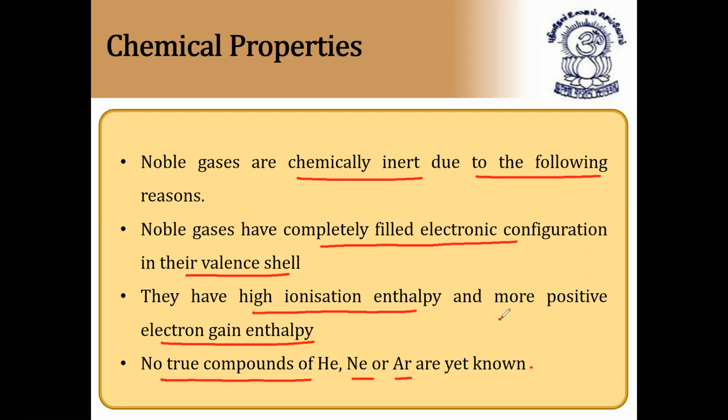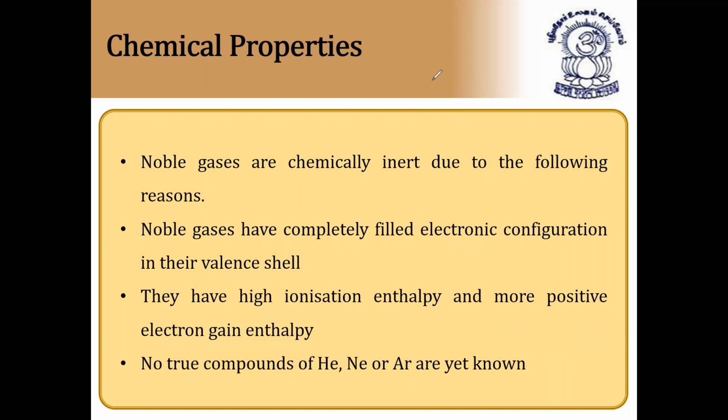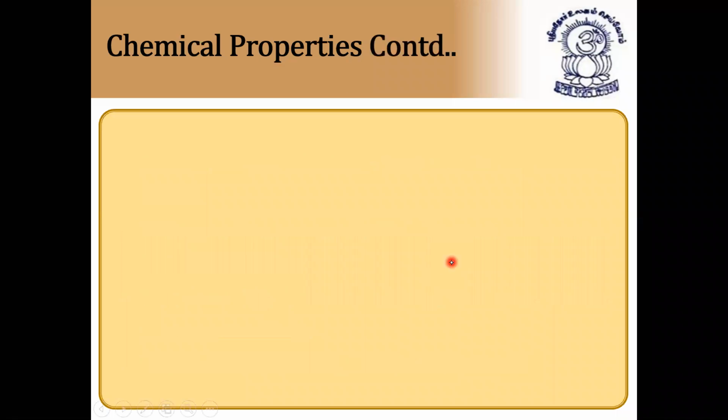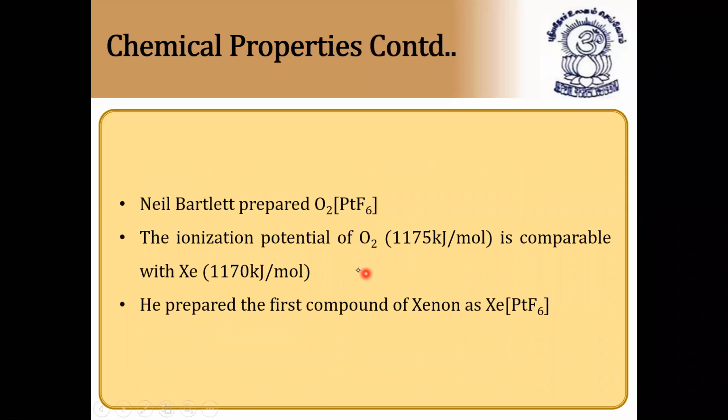Only xenon and krypton can form a few compounds, in which xenon will form more compounds because of low ionization enthalpy.